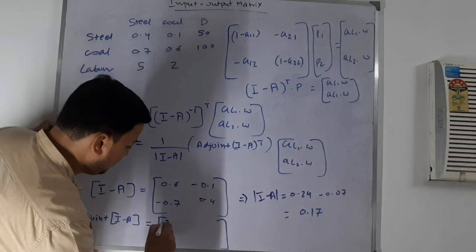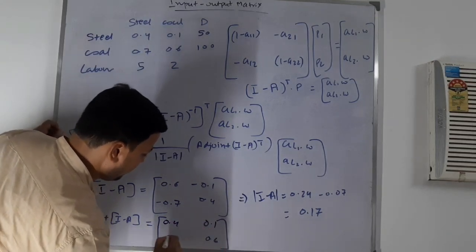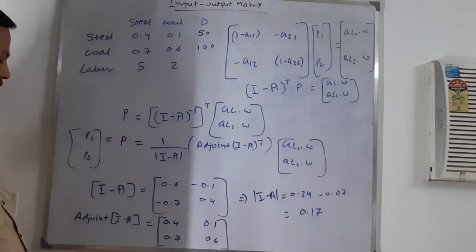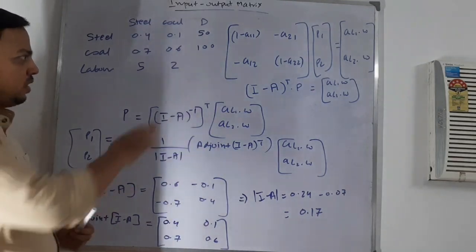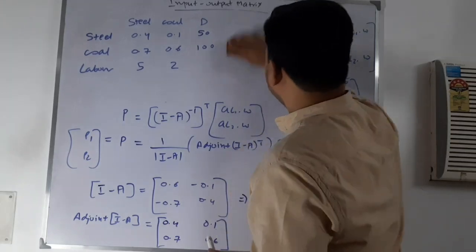So it will be 0.4, 0.6, 0.1 and 0.7. So this is the adjoint of I minus A. We have to take the transpose and place it here.